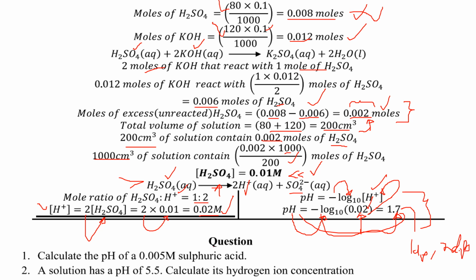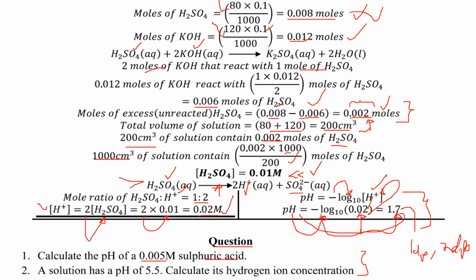So if you look at the questions that can be involved here, we are going to be looking at the calculation of pH of 0.005 molar sulfuric acid. And these are your sample questions. Try them out and submit your answers. Either discuss them as a group or submit them to me directly.